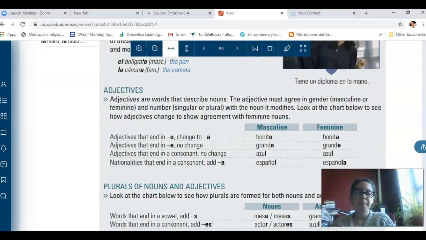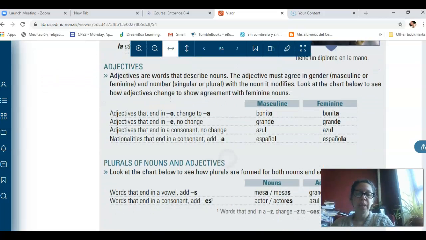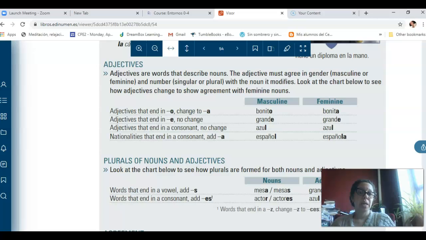Okay? Bonito, bonita, grande is going to stay the same because it's ending with E. The same thing with azul and español. In this case, it's because we're talking about nationalities. Es español, es española. ¿Sí?